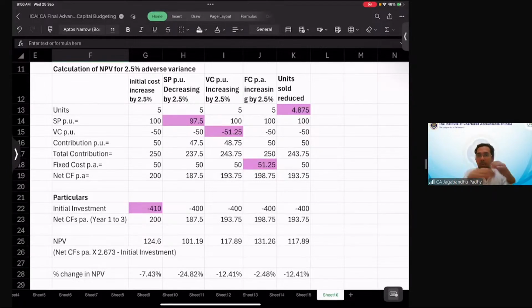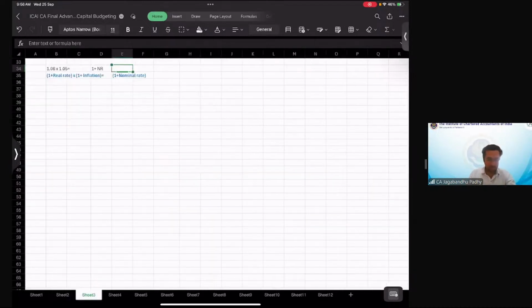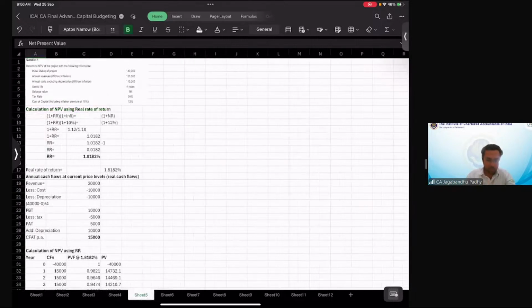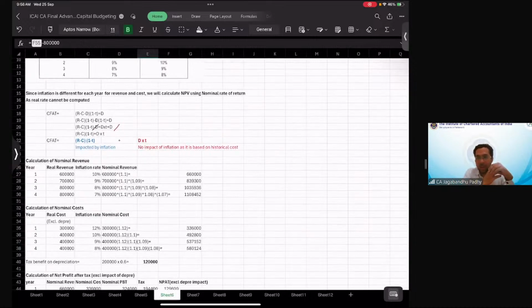Initially, you might have calculated it on a gross basis, adjusting the cash flow after tax fully. Then we had an improvement in question number 2, where we separated the tax saving on depreciation and the other portion. So obviously the correct approach is to separate the tax savings on depreciation and then solve it.